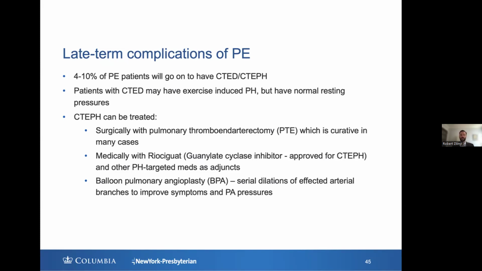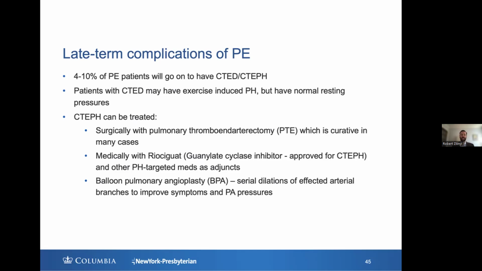And so surgically, we can treat this with a pulmonary thromboendarterectomy, which is a very invasive and long procedure, which involves essentially taking out the entire intima of the pulmonary vasculature, but does result in near universal cure of CTEPH. There are significant rates of recurrence of CTEPH in this patient population, but it is sort of the first line class 1 recommendation for these patients who are appropriate for treatment.